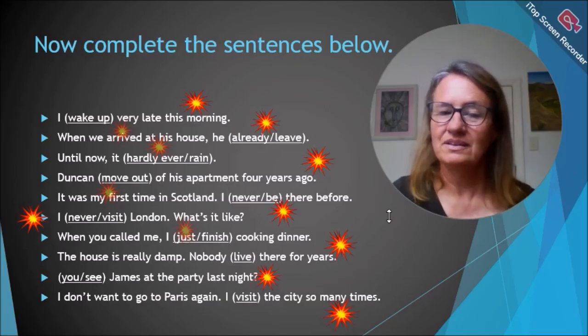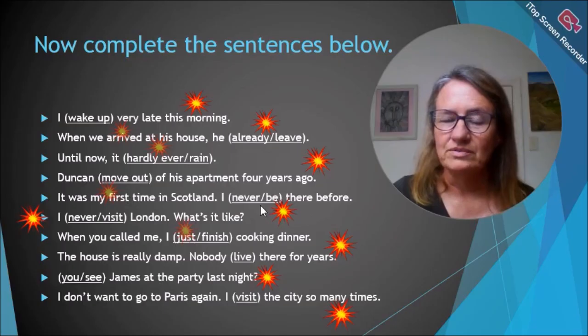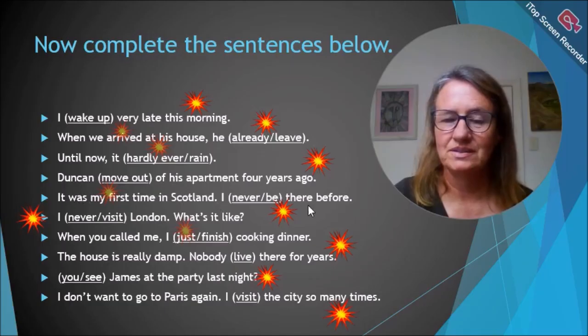Are you with me? Let's just clarify that one. So, because of the first time, because of never, we know it's perfect. But present perfect or past perfect? It was my first time in Scotland. So therefore, past perfect. I had never been there before.